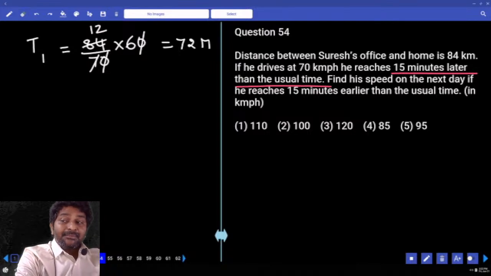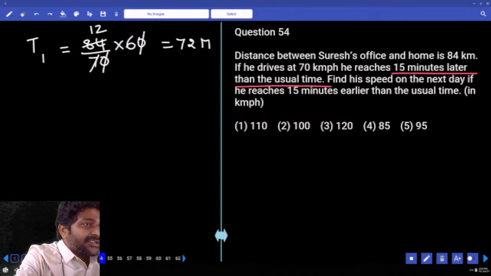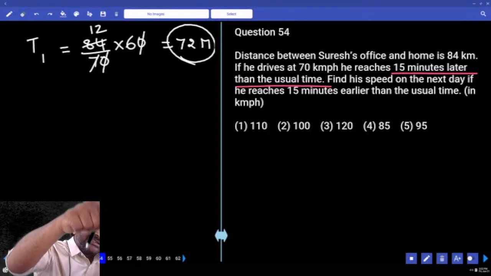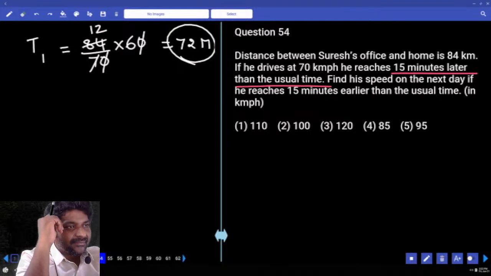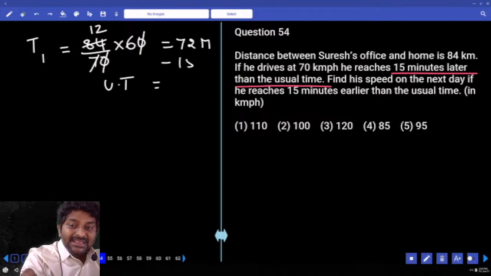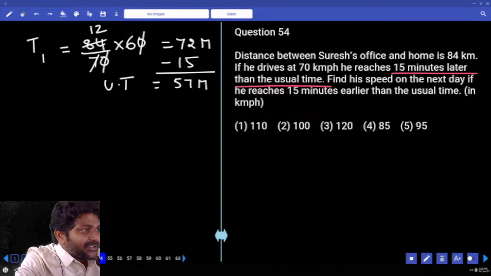That means he is taking 15 minutes extra, right? Is 72 including the 15 minutes extra time or excluding that? Including. Then the usual time is 72 minus 15, which is equal to 57 minutes.